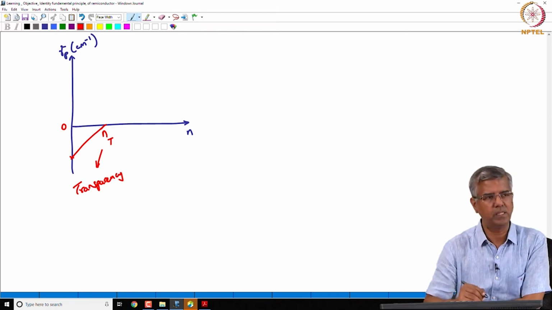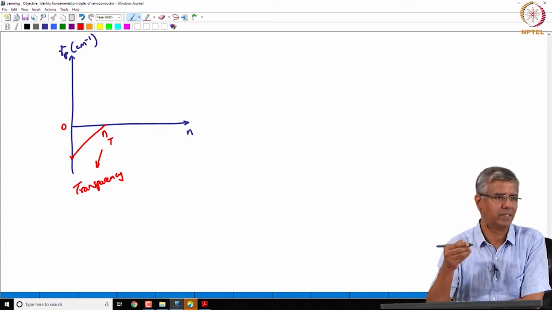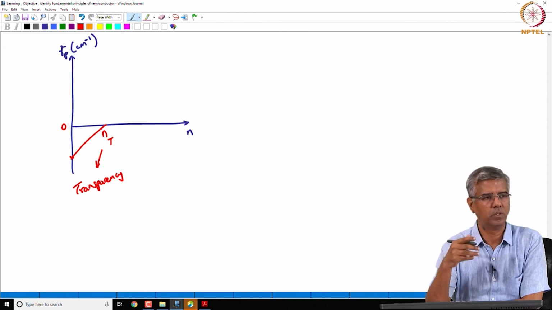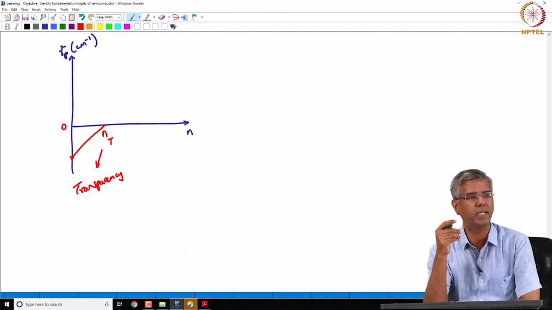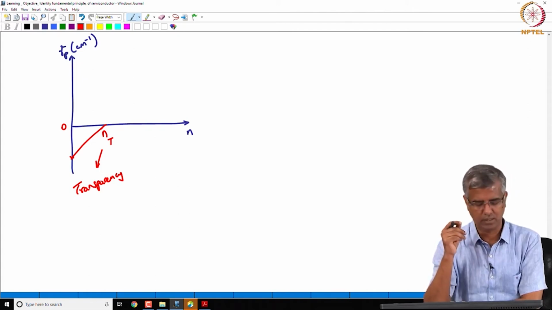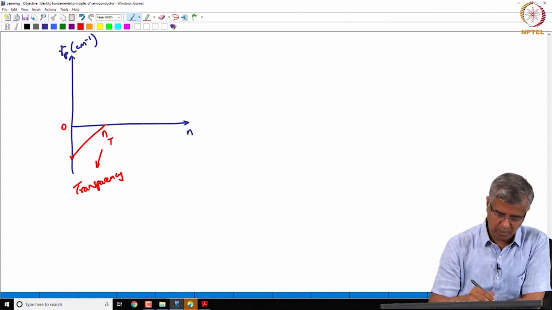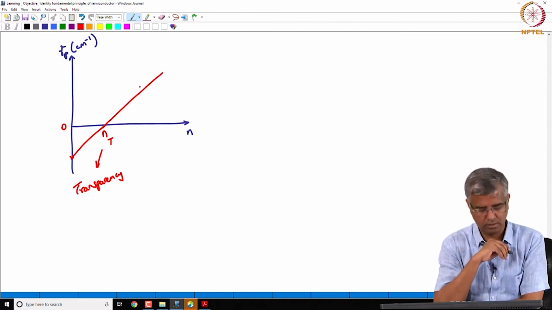At transparency, you have overcome the losses in the material, and you are starting to have a net gain beyond a certain level of electron density. And beyond that, you can increase like this.